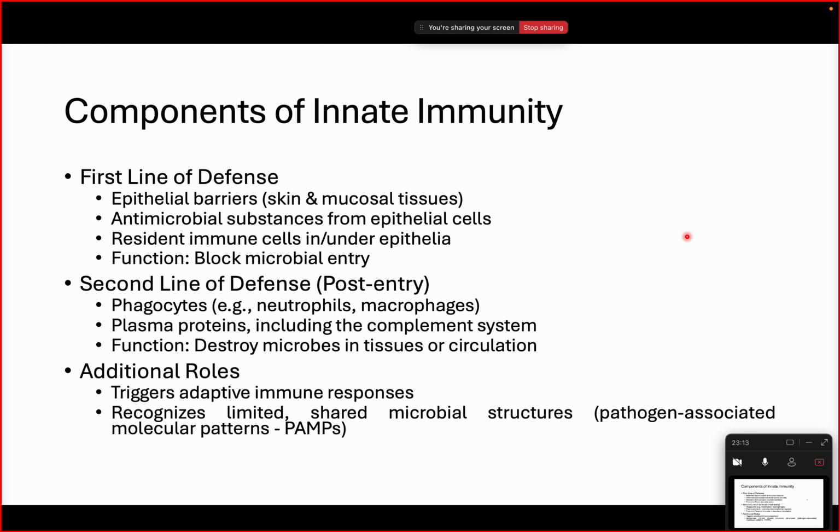It recognizes limited shared microbial structures. These are called pathogen associated molecular patterns. It is important, right? So how does the second line of defense know that this particular thing is foreign? They don't have eyes, they don't have any sensors that tell them, oh, this doesn't feel like us. So what are those things?